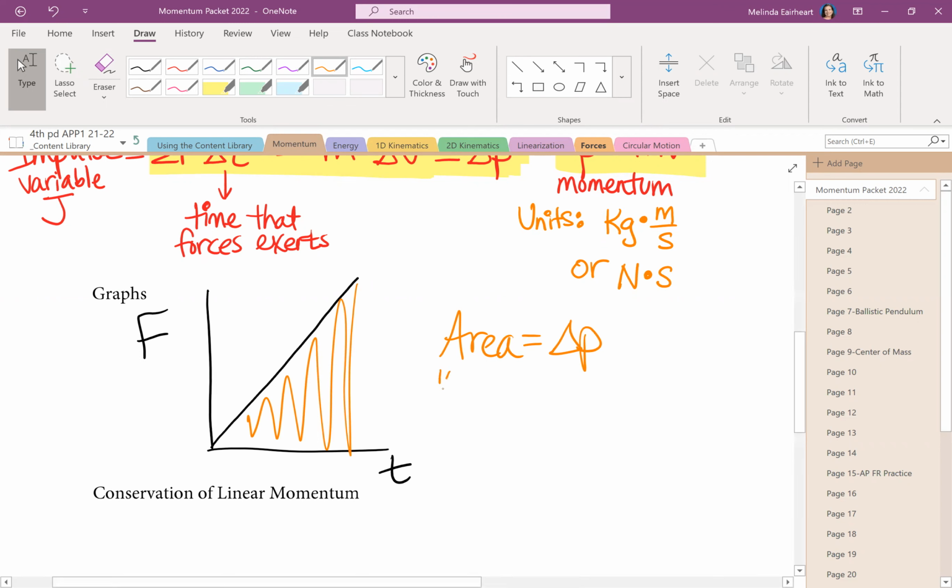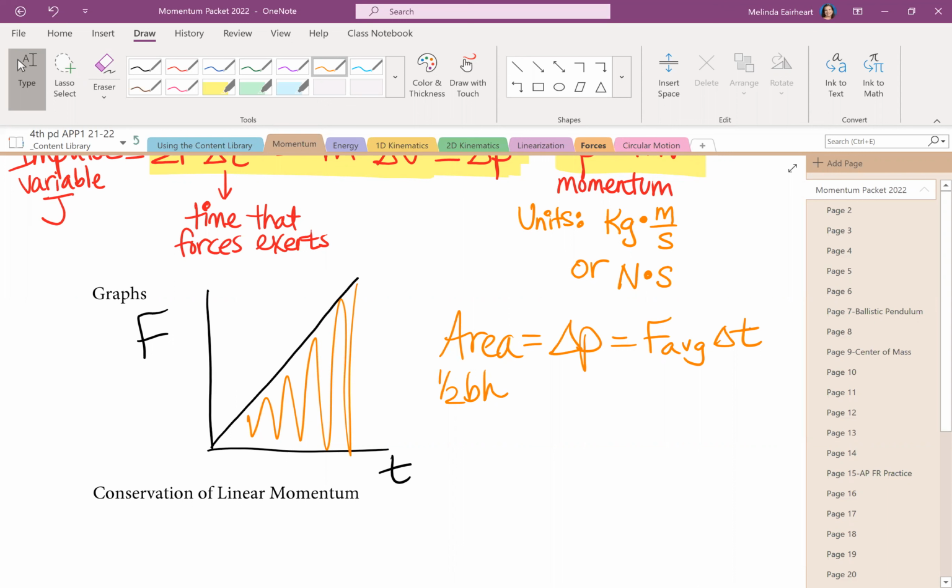And so notice with a triangle, you got that 1/2 base times height because your force is not constant. And so this is really going to be like an average force times time. So if you do the 1/2 base times height, it takes care of that average piece for you.